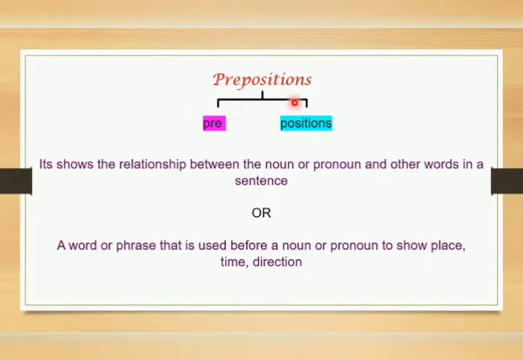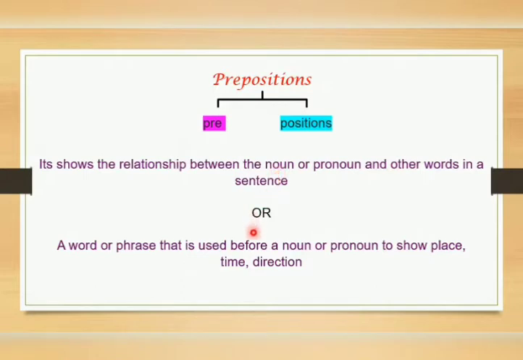So let's start. What do you understand by the term prepositions? As you can see here, preposition is a combination of two words, pre and position. Pre means prior, and position, as you know, is the location or the place. It shows the relationship between a noun or pronoun and other words in a sentence.